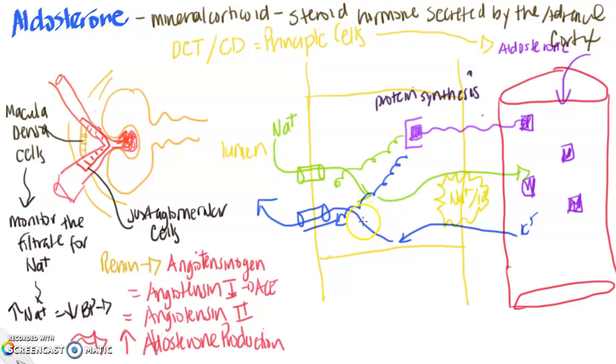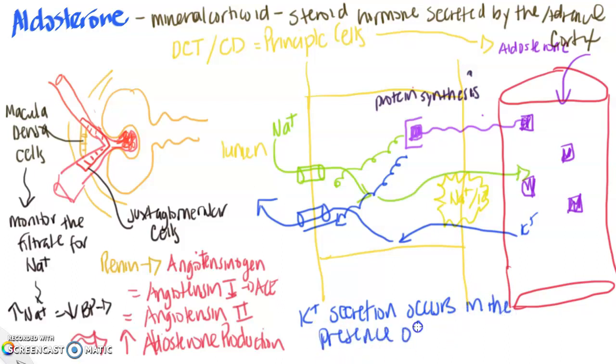So potassium secretion occurs in the presence of aldosterone. So we are reabsorbing sodium, but at a cost of secreting potassium.